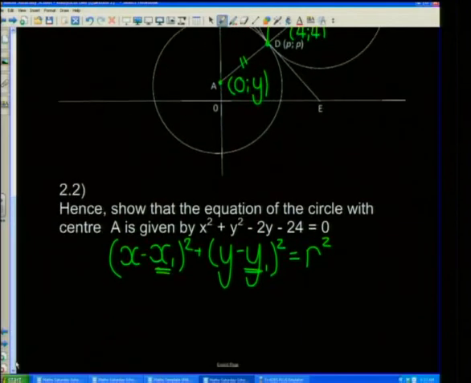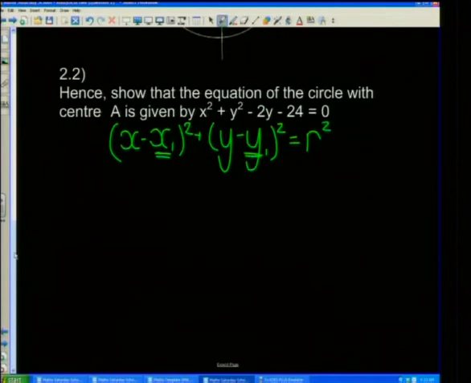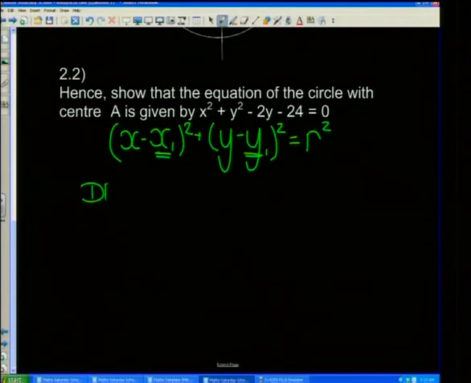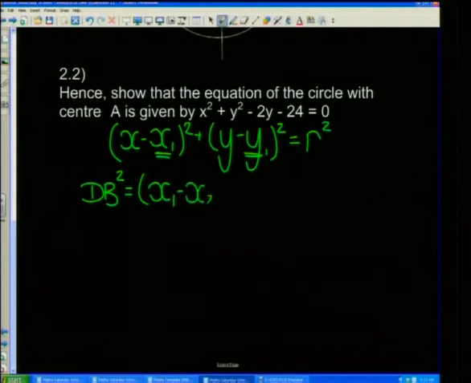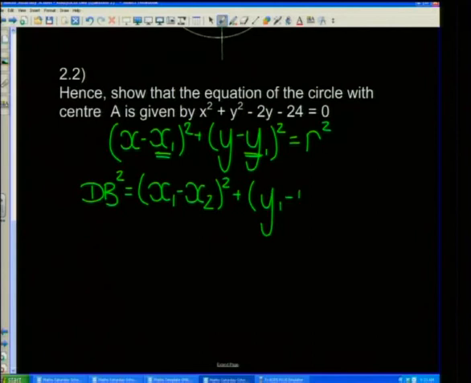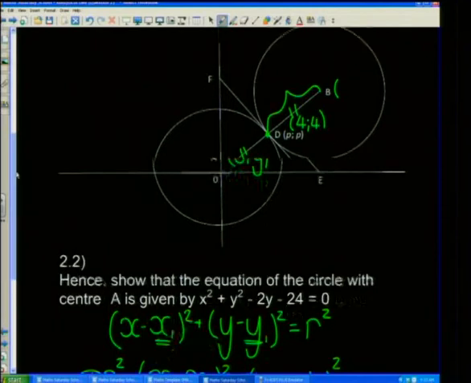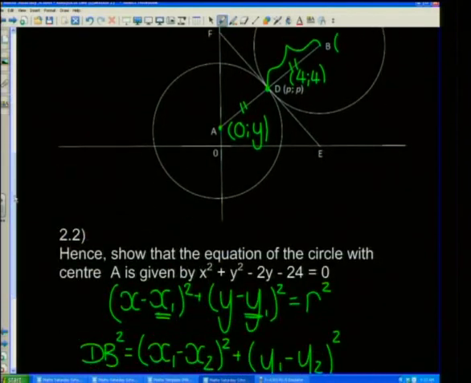Let's take our distance from D to B. So DB squared is going to be equal to, let's do our distance formula, (x1 minus x2) squared plus (y1 minus y2) squared. Our coordinates of D were 4 and 4, and B is 8 and 7.